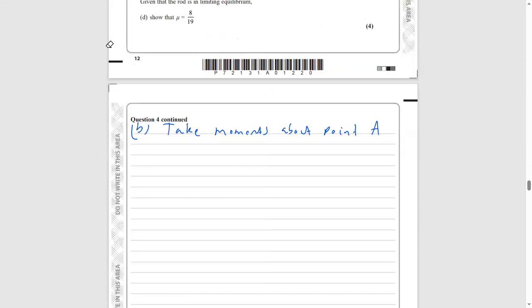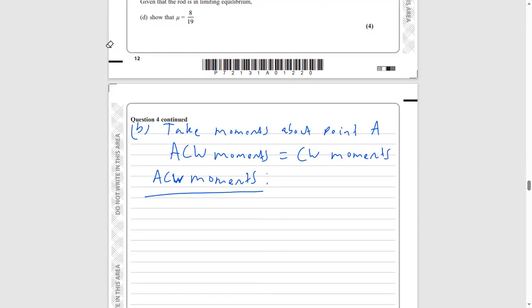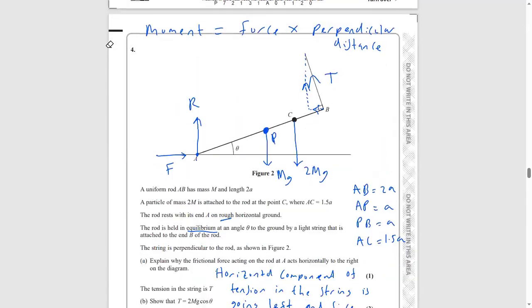Because it's in equilibrium, that means that our anti-clockwise moments are equal to our clockwise moments, because obviously the rod's in equilibrium. So let's start with our anti-clockwise moments. Let's look at the diagram.